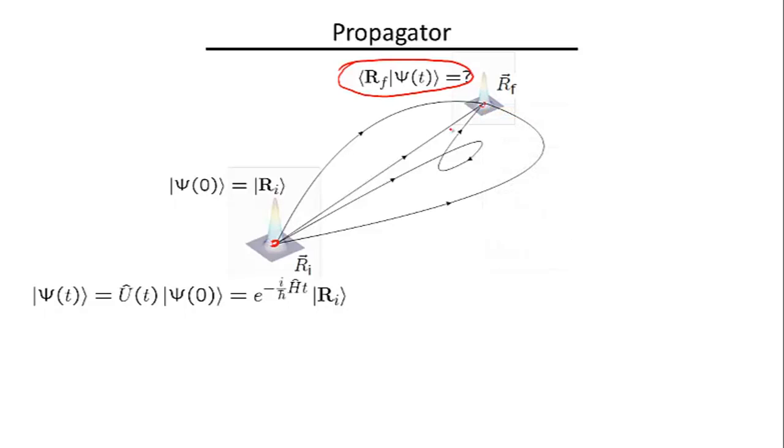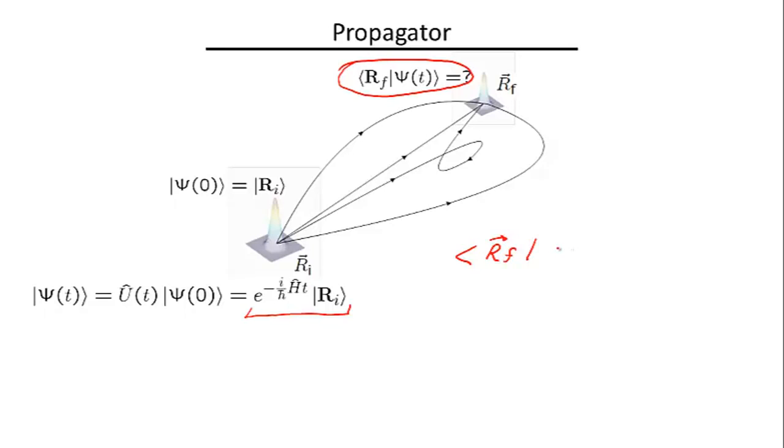So what we found in the previous slide is a formal exact expression for this psi of t. So psi of t is the action of the evolution operator on the initial condition r sub i, and therefore if we put 2 and 2 together, the expression for the propagator is going to be the following matrix element.